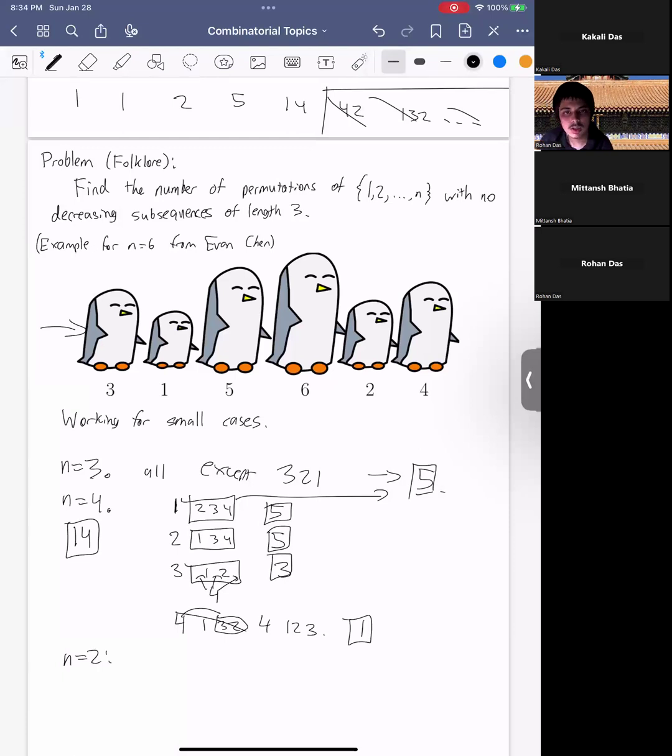And you can think about this as, for a permutation on 2 elements, we just do not have any restrictions because there's not going to be any group of 3 at all. So there's not going to be any decreasing subsequence of length 3. So there are 2 permutations, and each works.